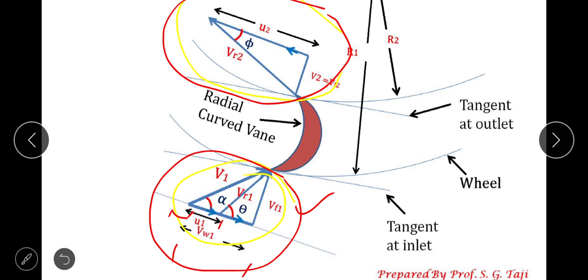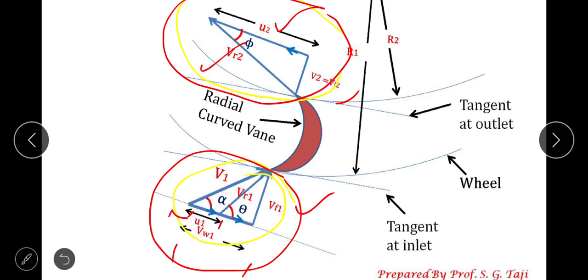Similarly, these components at exit: V2 here is equal to Vf2, Vr2, U2. So when the vanes are very smooth and the jet enters smoothly at the inlet, Vr1 is equal to Vr2, U1 is equal to U2. Okay.